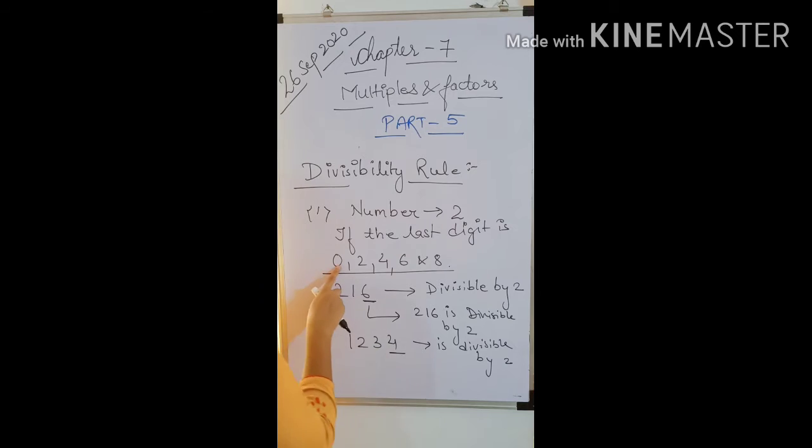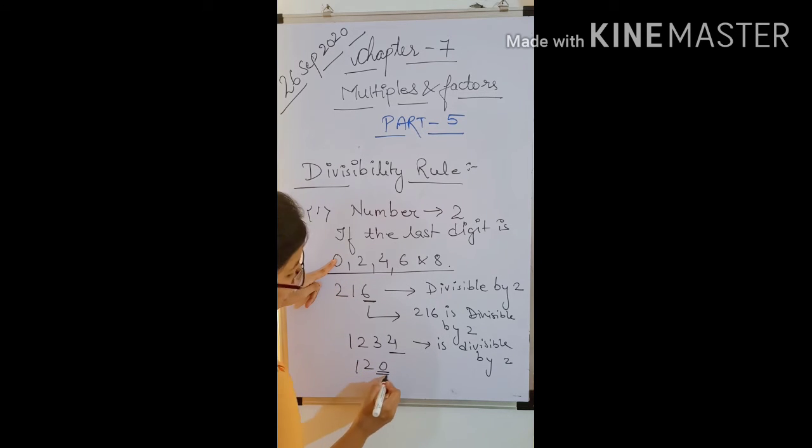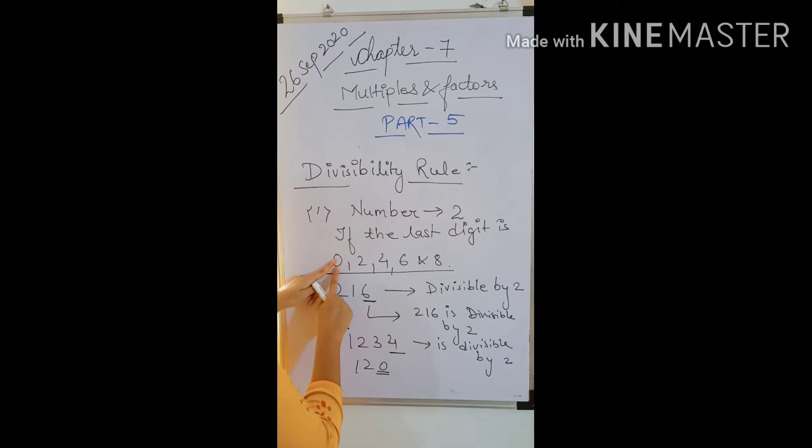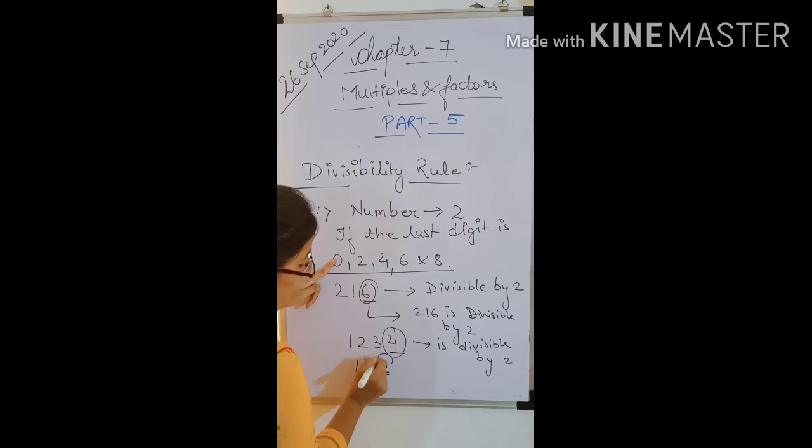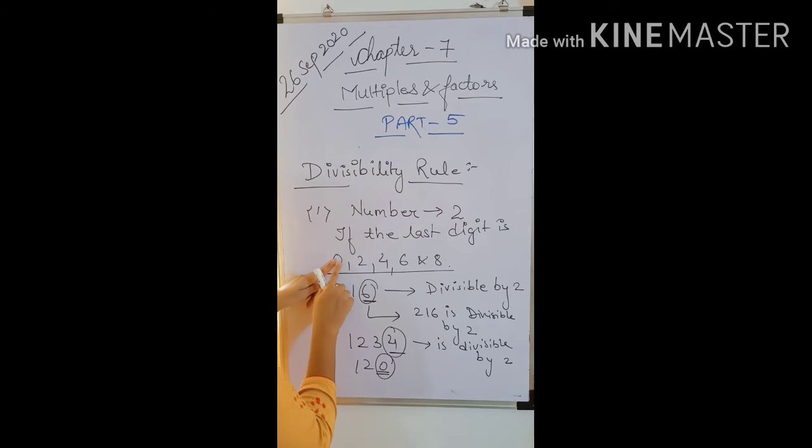If the last digit contains 0, suppose the number is 120, yes, it contains 0, so it is divisible by 2. So you will look at the unit place, that is your ones place. If the ones place contains the numbers 0, 2, 4, 6, 8, then the number will be divisible by 2. Let us look at another divisibility rule.